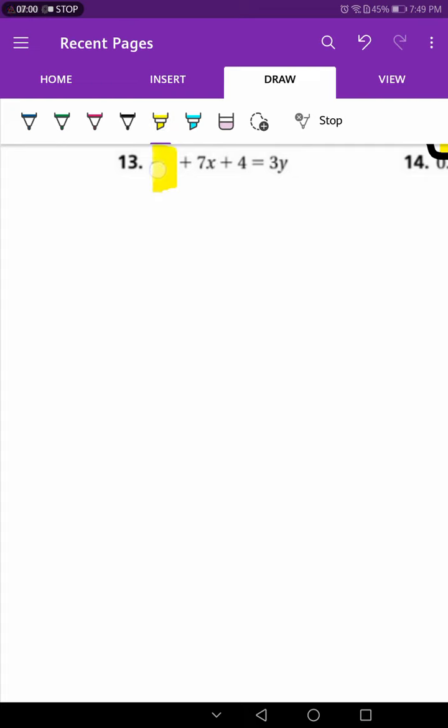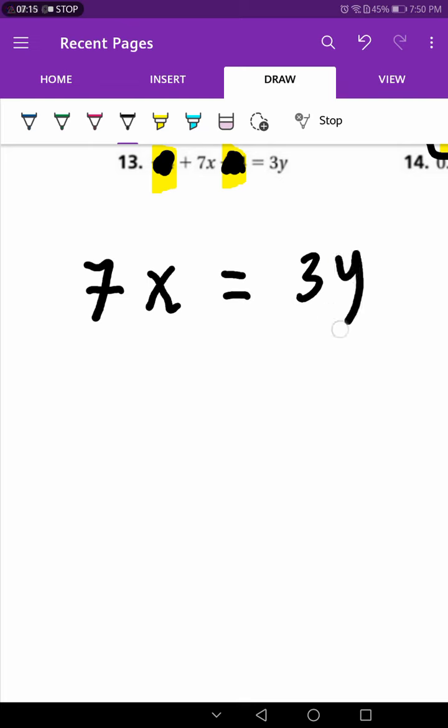So the negative 4 here with the plus 4 will be eliminated. So 7x equals 3y. Now what happened? The 7 comes with the x and the 3 also comes with the y.